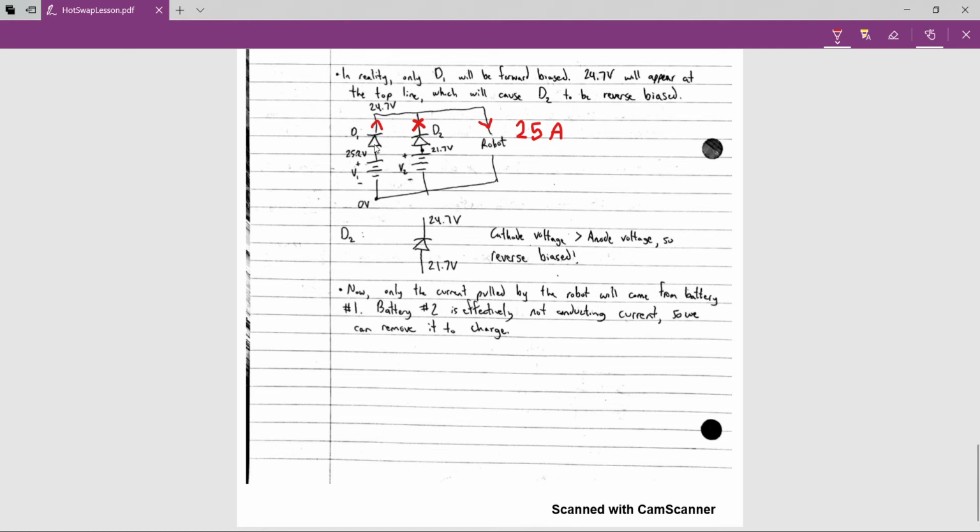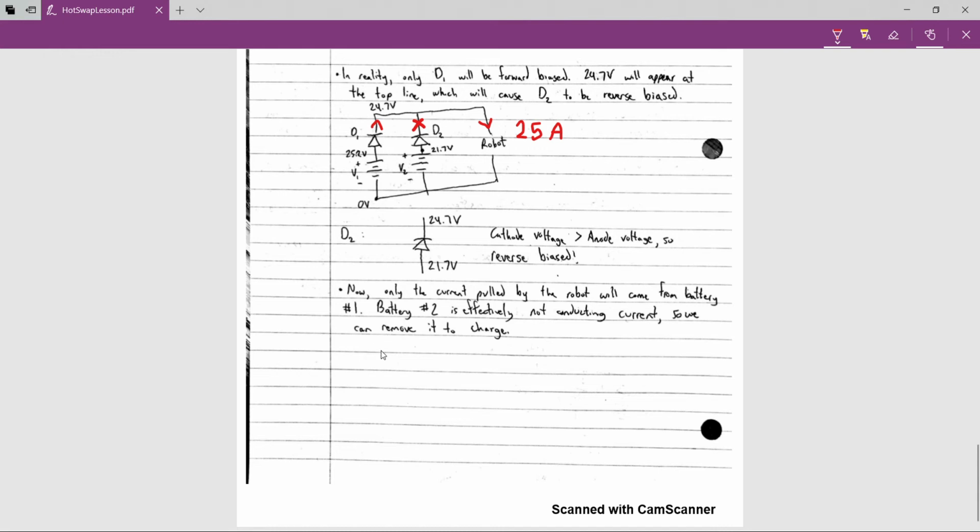Well, there's going to be some power dissipated by this diode. If we stick with 0.5 volts, which is actually closer to the type of diodes that we'll probably use, they're called Schottky diodes, if we have 0.5 volts across this guy, and we have 25 amps, power equals IV, right?